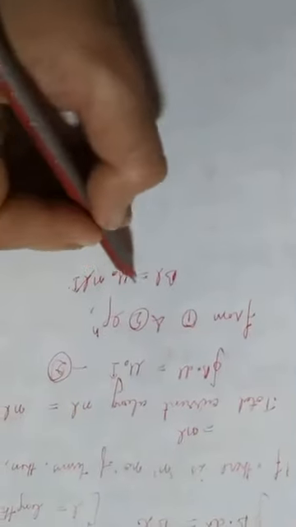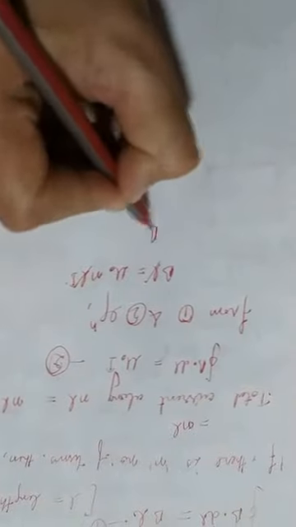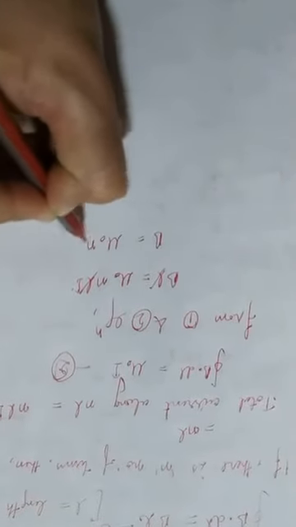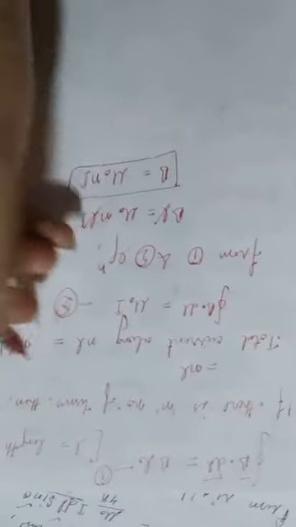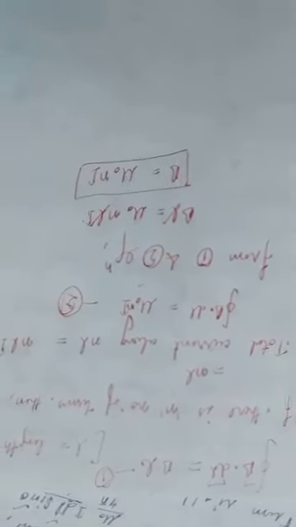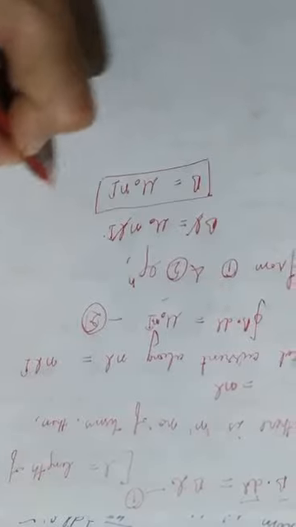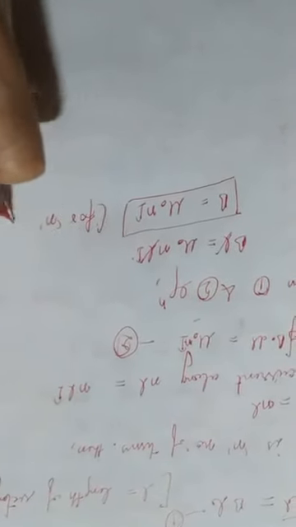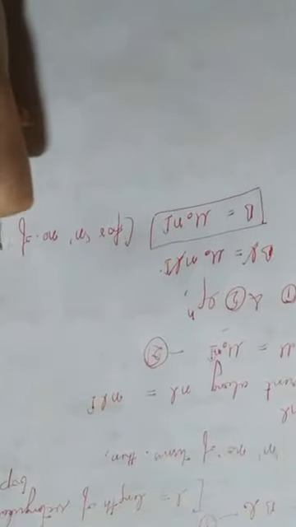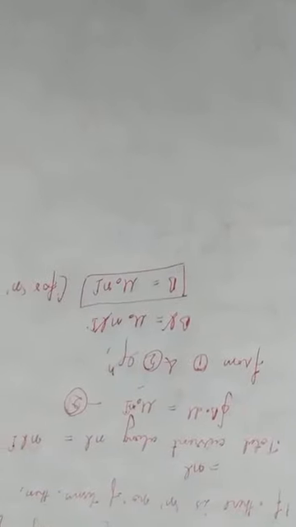From there L cancels out, then B equals mu naught N I. This is for n number of coils, and that is the magnetic field due to the solenoid.